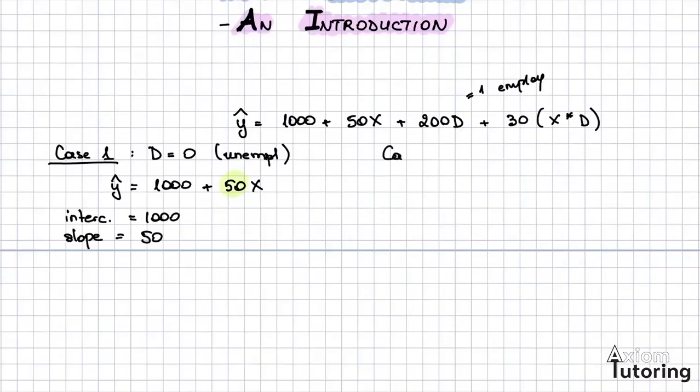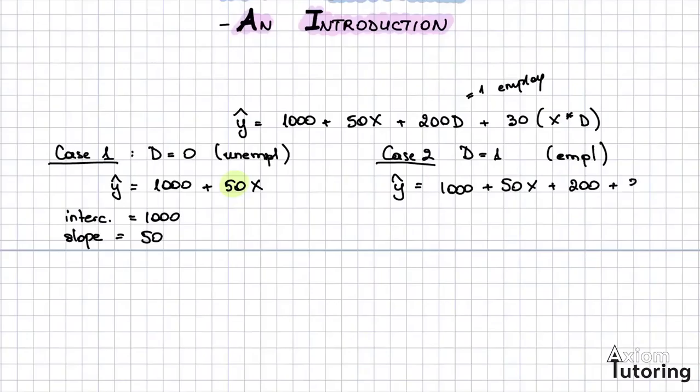Case 2, when D is equal to 1, meaning we're looking at the employed subsample, we're going to have Y hat equal to now 1000 plus 50x plus 200 plus 30x. And we're going to put together the like terms.